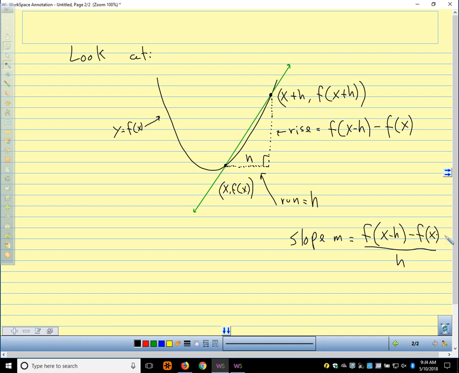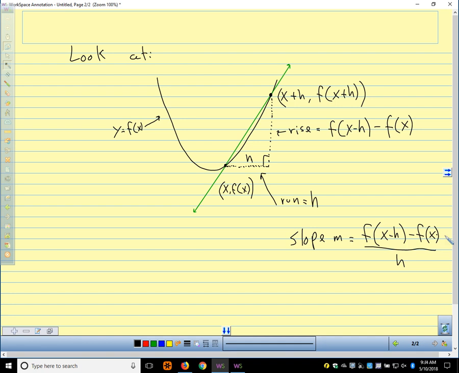Now, what we're interested in is the slope at that one point. This is close, depending on how close that point is. But if our function's changing a lot, if our function suddenly goes uphill or it goes up and down a lot between those two, our slope could be off by a fair amount.